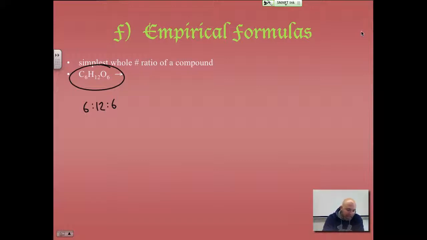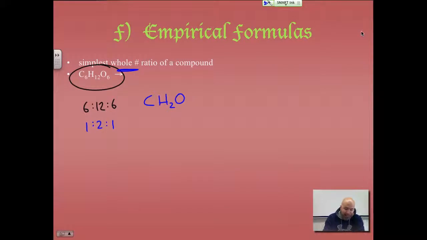You can simplify that to 1 to 2 to 1, right? If I divide all of them by the smallest, in this case it's 6, then I can get my simplest whole number ratio. Notice it is a whole number, 1 to 2 to 1. So the empirical formula for glucose is CH2O. That's the empirical formula. It's as simple as that.